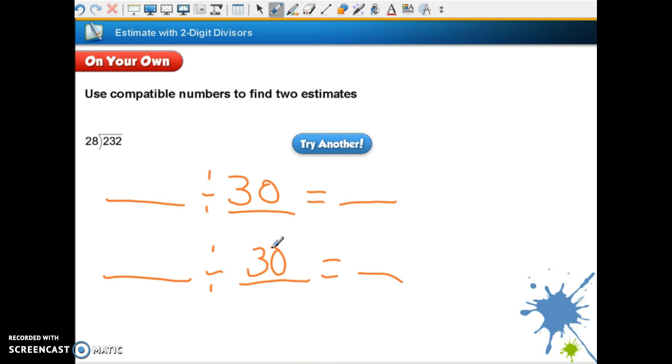So 3, 6, 9, 12, 15, 18, 21, 24. So 21 was just below, and 24 was just above. So there are 7 3's in 21, and I have these zeros, so I don't need to add a 0. And there are how many 3's in 24? 8. And again, I have these zeros, so I don't need to add a 0.